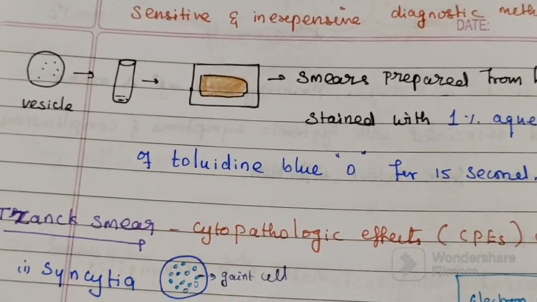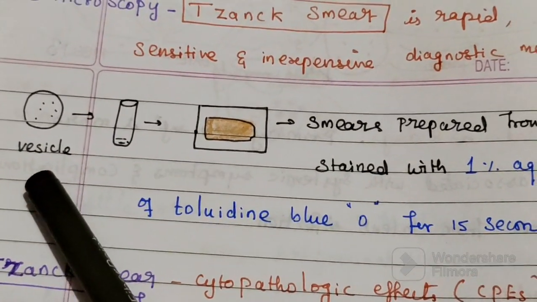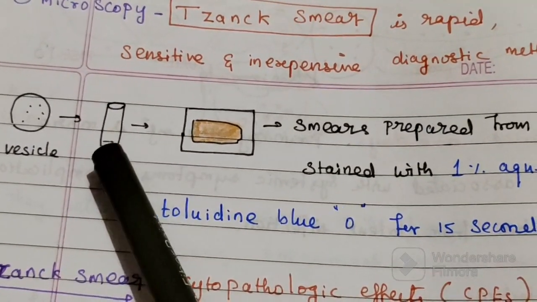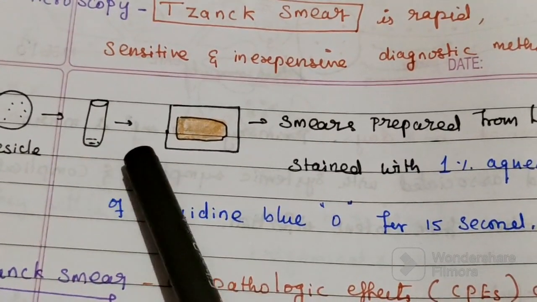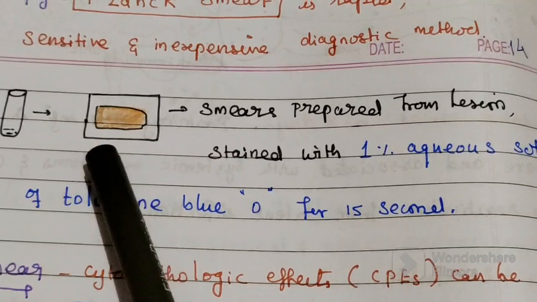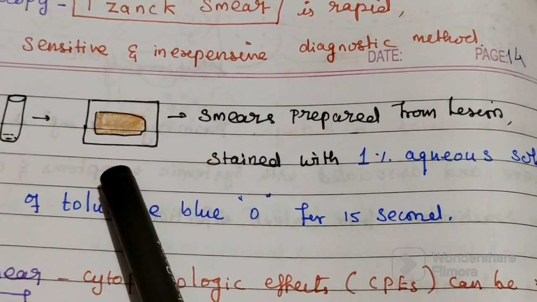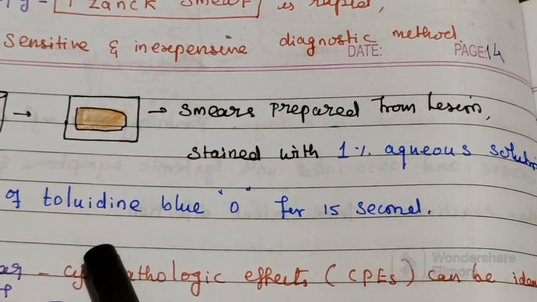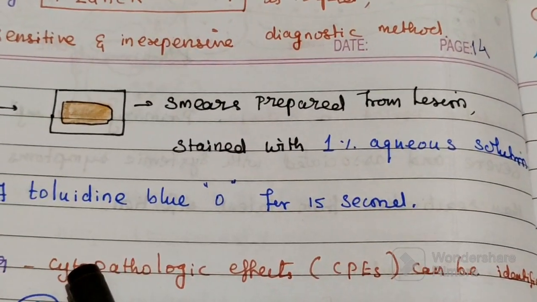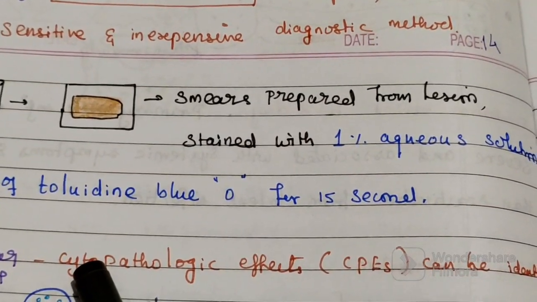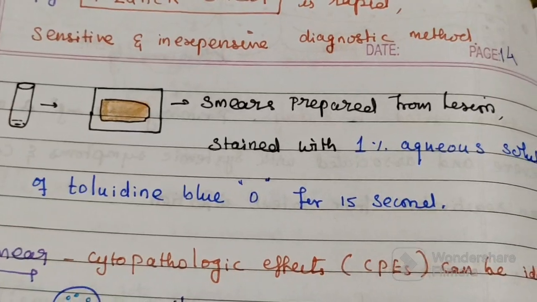Take the fluid from the vesicle into a test tube. After collecting it, prepare the smear, stain with toluidine blue O 1%, and wait for 15 seconds. The smear formed is known as the Tzanck smear.